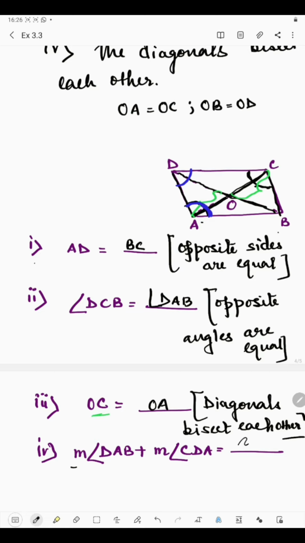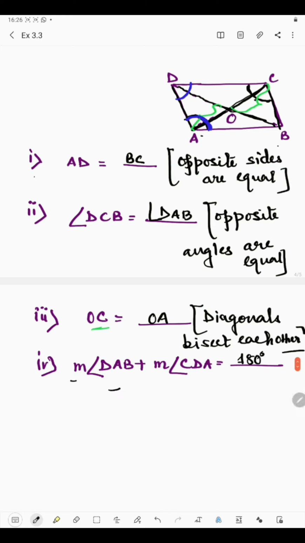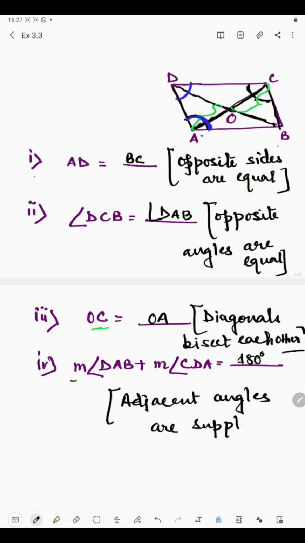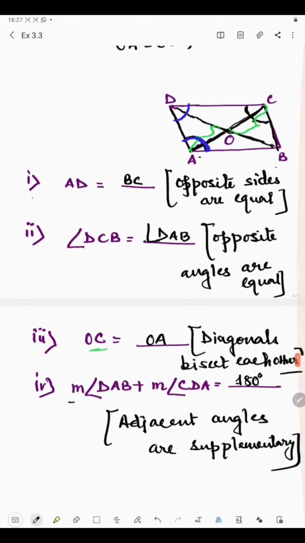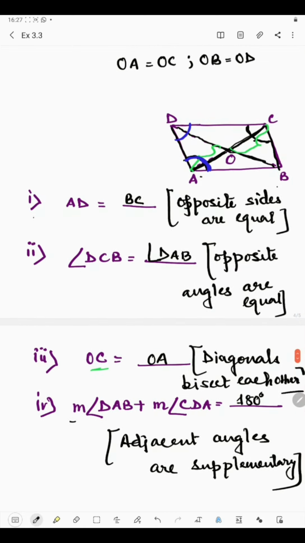The sum of these two angles will be 180 degrees. We will also have to write the reason: adjacent angles are supplementary. So this was all about question number 1. Thank you, students.